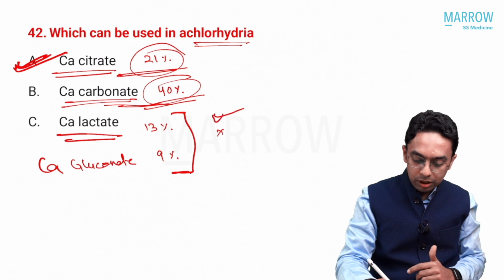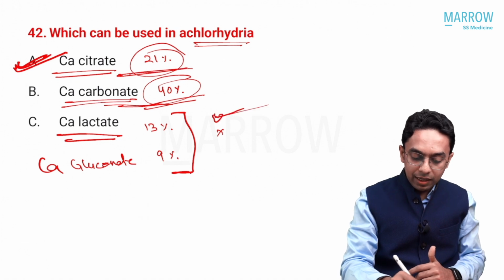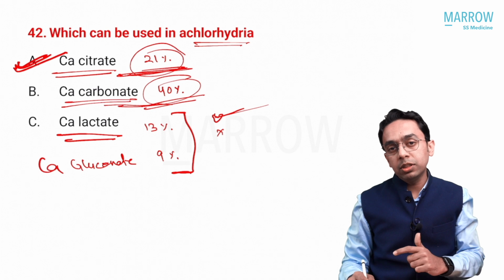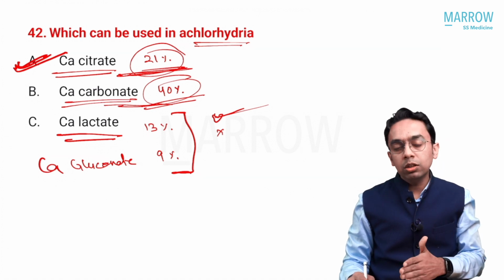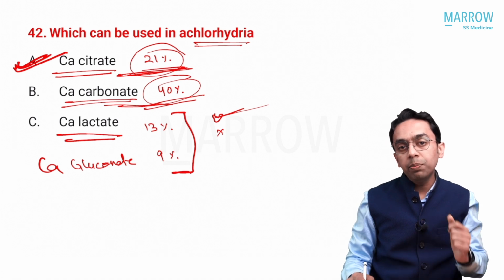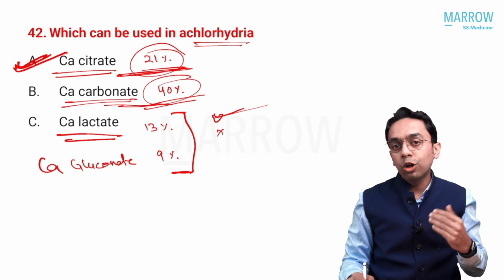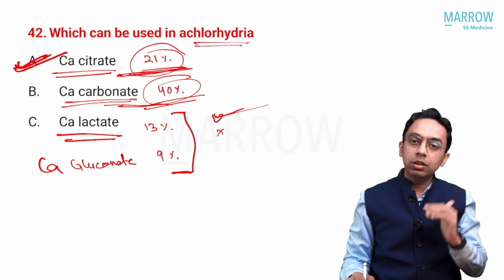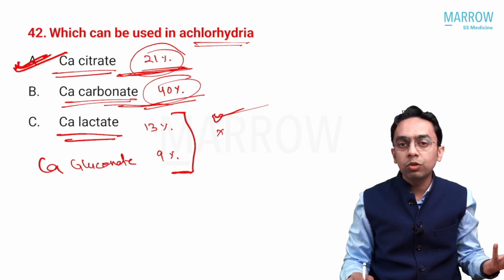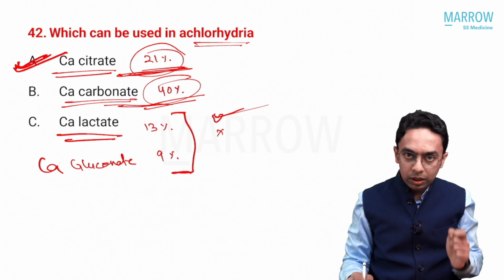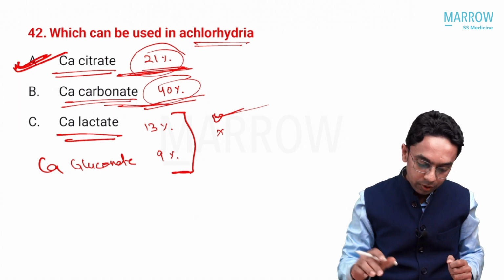Solubility is better for these, but practically, because their elemental calcium is very less, we want to give them calcium citrate. So if the question is which can be used in achlorhydria, what do you give the patient, or which is best for absorption in achlorhydria, the answer would change. So we need the exact wording for this.